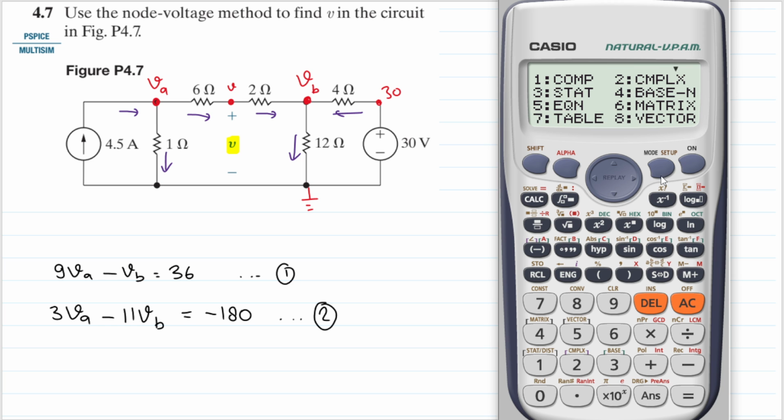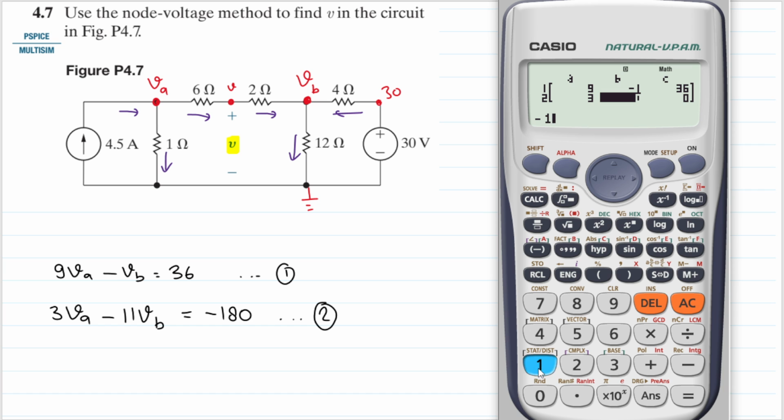Let's set up our calculator to solve an equation which is number 5, and 2 variables is number 1. So we will have 9 VA and then minus VB, so I will have minus 1. And then on the right hand side I will have 36. Okay, and then we will have 3 VA, so I will have 3, and then we will have minus 11, and then minus 180.